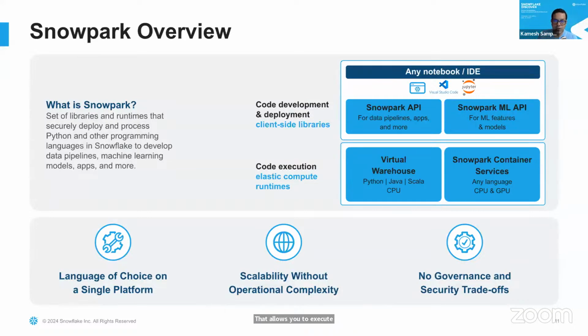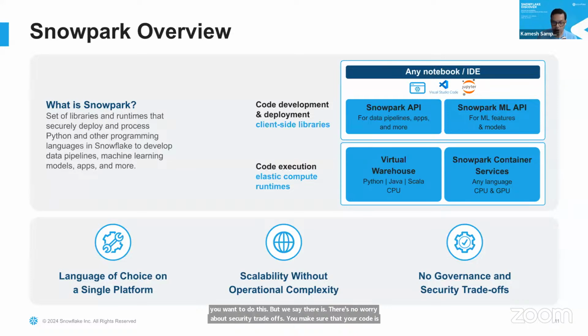And then you also have no governance, no trade-offs, right? Because most of the time when you go multi-cloud and other stuff, people say, hey, I have a trade-off, because you have to do this in order to do that. But we say there's no worry about security trade-offs. We make sure that your code is secure, and your data is secured when it's inside our environment.